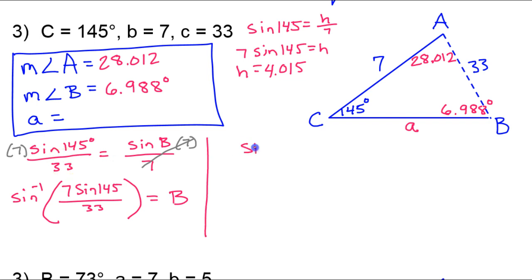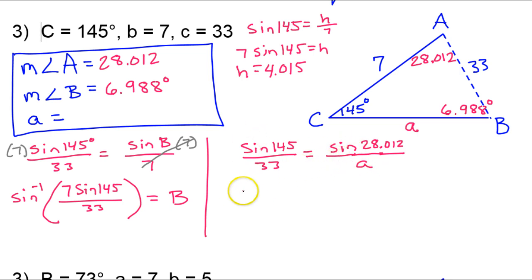So I'm going to say the sine of 145 over 33, using the two that we were given in the first place, the angle and the opposite side. And now I will do the A's. So now I will say the sine of 28.012 over side A. These should be equal. This is the law of sines.